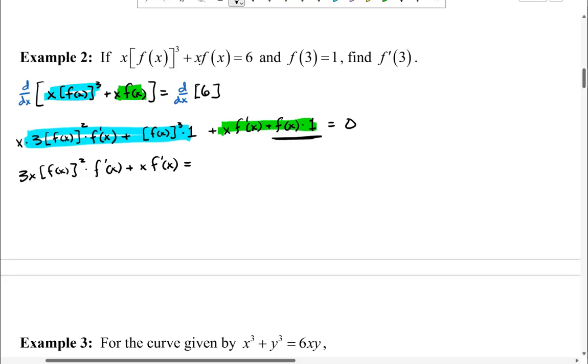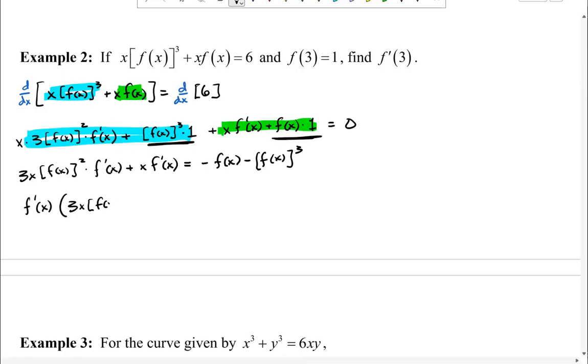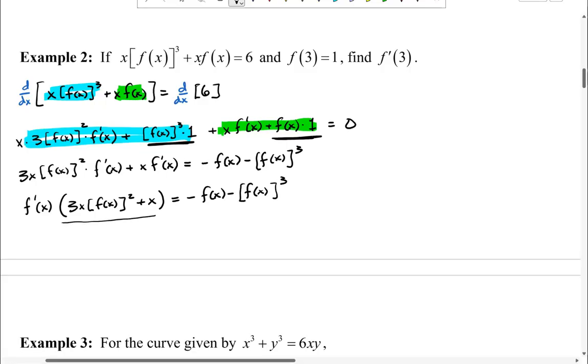And then we'll subtract over these two terms that don't have an f prime. So we get negative f of x minus f of x cubed. Now we factor out an f prime of x. And finally, we divide by this quantity to get f prime on its own.